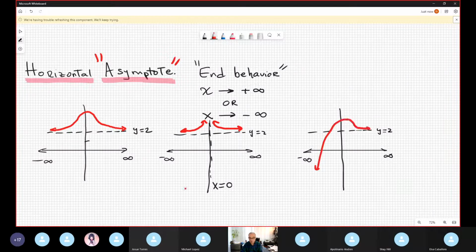Oh, professor, but you see that the curve never crosses or touches the asymptote. Yes, the vertical never does, but the horizontal seldom does. Sometimes it happens, and so this point is very important.